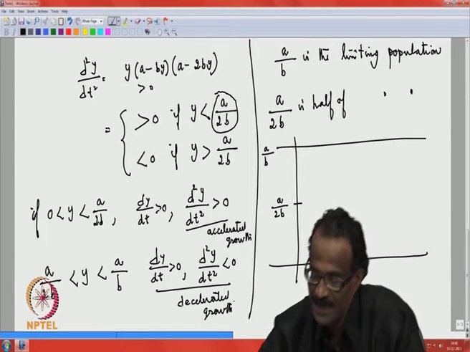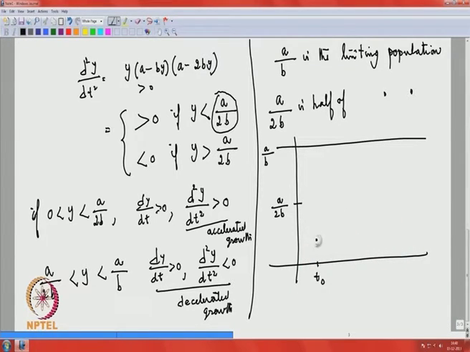So, if the population starts from here, it will grow very fast, and after that it is still growing, but the growth rate slowly reduces. So, you get a logistic curve. This is called the S-shaped curve, or logistic curve.